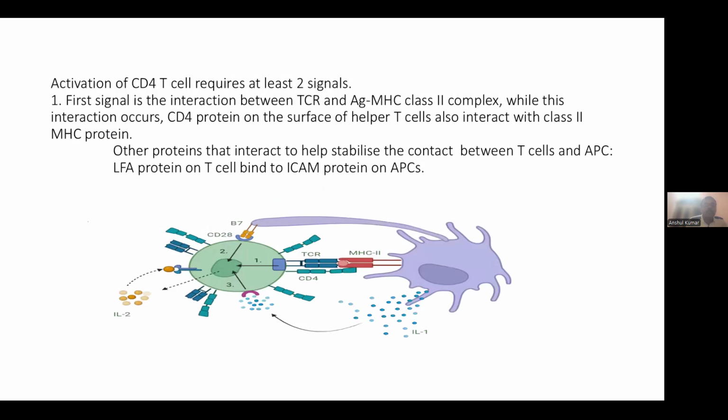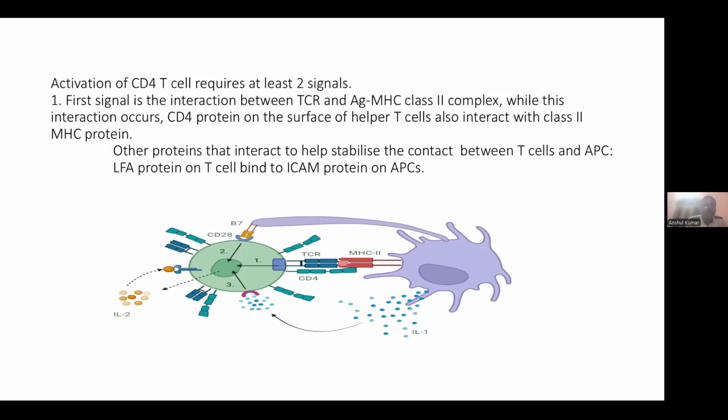Now here you can see through the diagrammatic representation how the interaction between the antigen presenting cells and T cell receptors and other cell surface receptors occurs. Activation of CD4 T cells requires at least two signals. The first signal is the interaction between the T cell receptor and the antigen MHC class II complex, as we have already discussed.